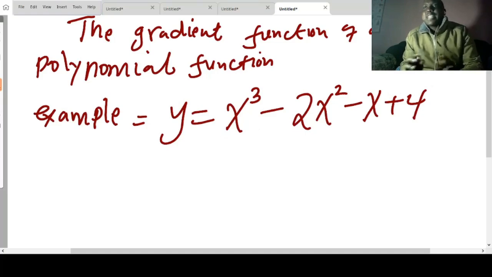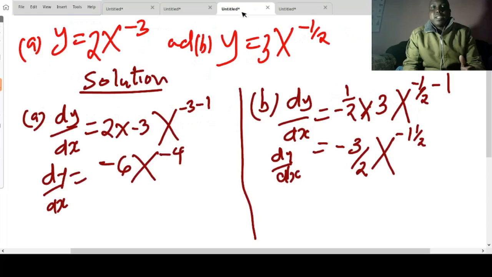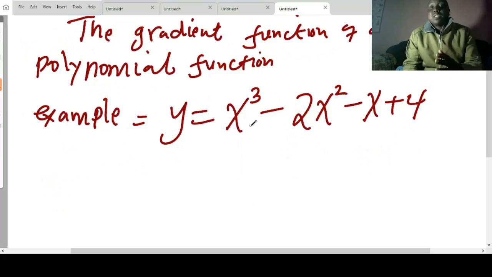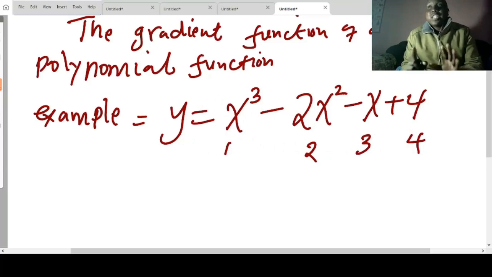How do we differentiate a polynomial which has got more than one term? So we have finished this part. What we were doing earlier had only one term. Now we have a polynomial which has more than 2 terms. So this is the first term, second term, third term, and this is the fourth term. So this function has got 4 terms.